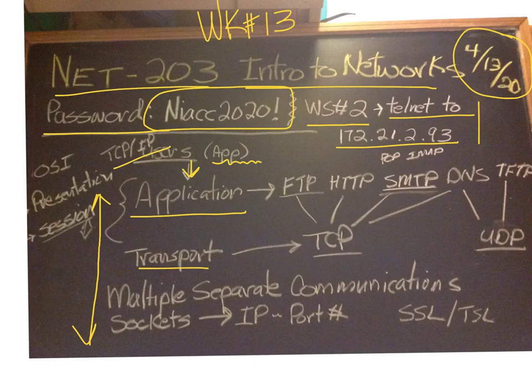We talked about the OSI layers a little bit: presentation, session, and application layers all make up the application layer in the TCP/IP model. So we mentioned some protocols: file transfer protocol, hypertext transfer protocol, simple mail transfer protocol, domain name services, trivial FTP.